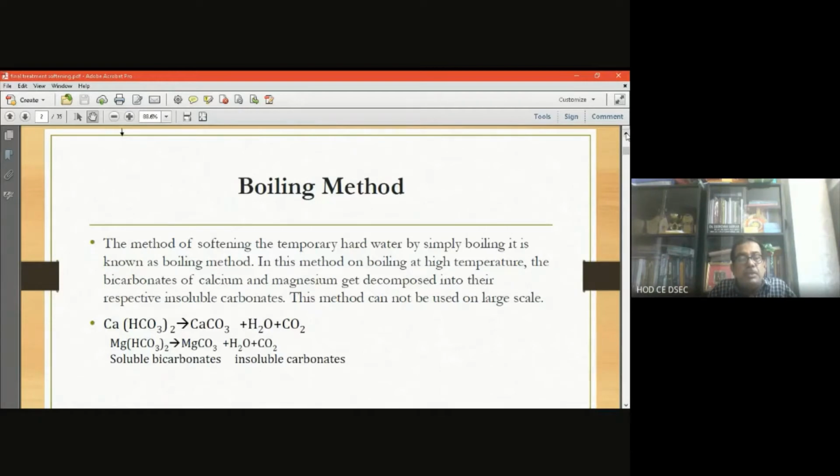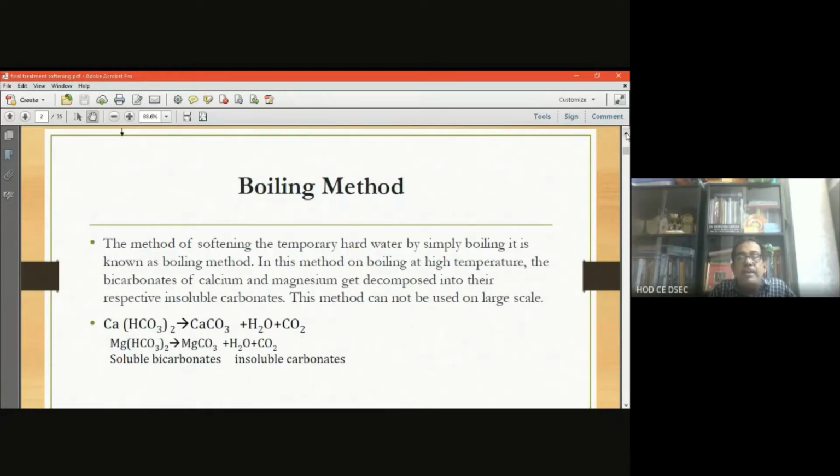So the bicarbonate of calcium and magnesium, when it is boiled, will be converted into the insoluble carbonate, either calcium carbonate or magnesium carbonate, depending on the ionic concentration of calcium or magnesium ion, and the insoluble calcium carbonate or magnesium carbonate is precipitated, and you will get the clear water. You will get the treated or softened water.